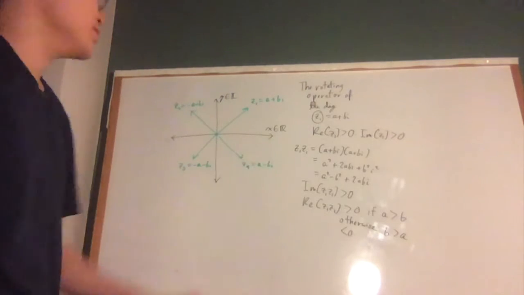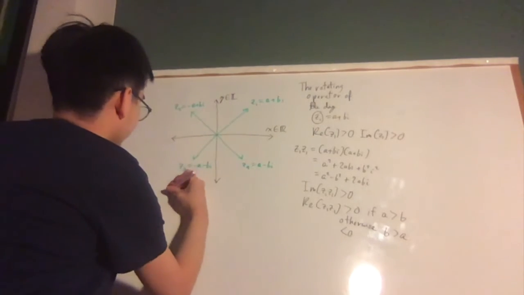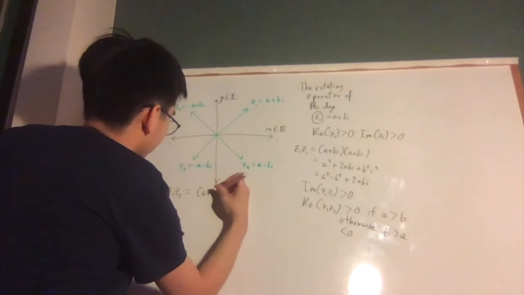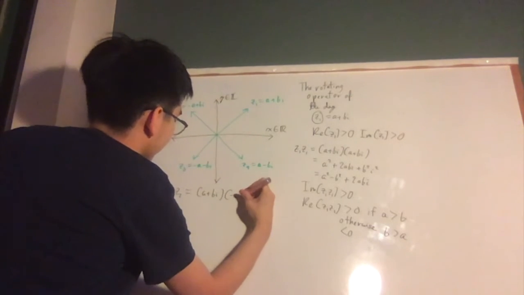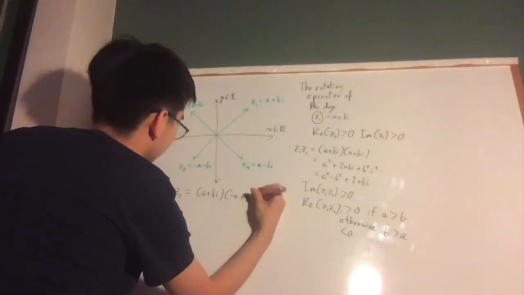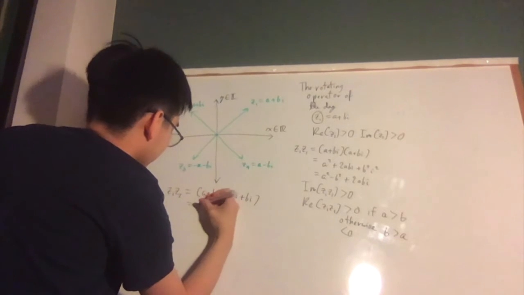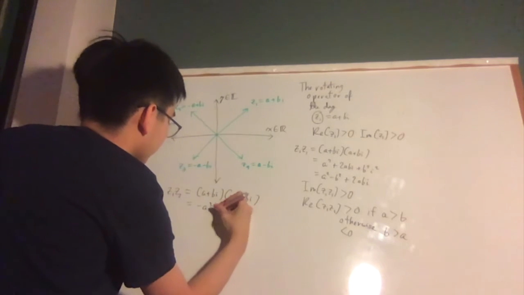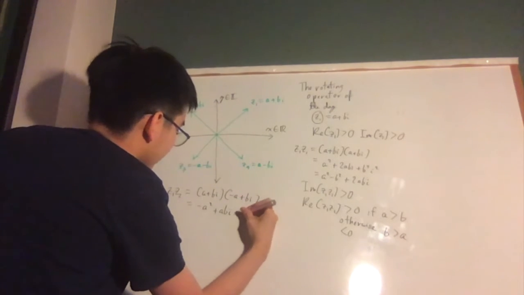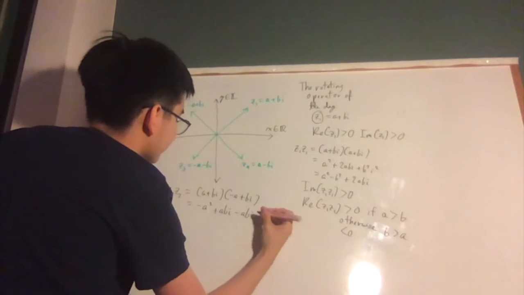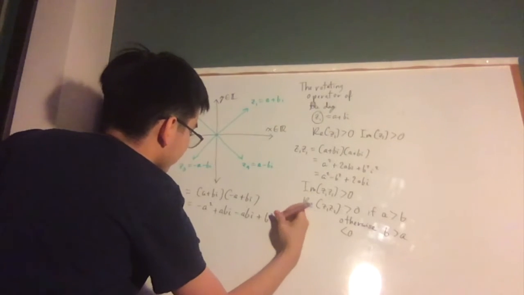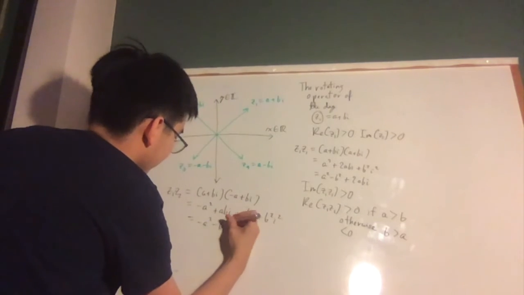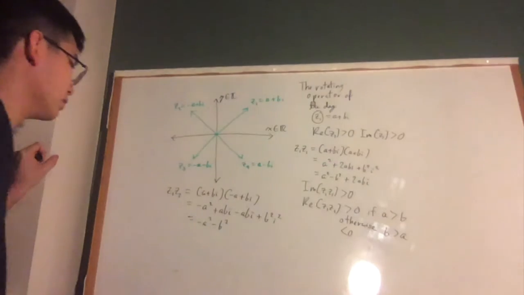Let's do z1 times z2 now. a plus bi times minus a plus bi. Here I get minus a squared plus abi minus abi. This is where it gets a bit interesting, and then we have plus b squared i squared as well, which means we simply get minus a squared minus b squared in general.